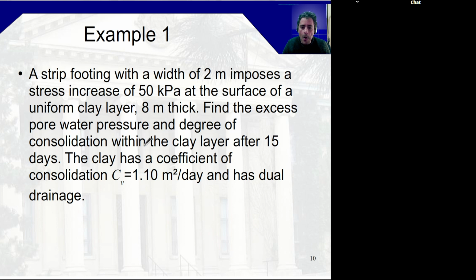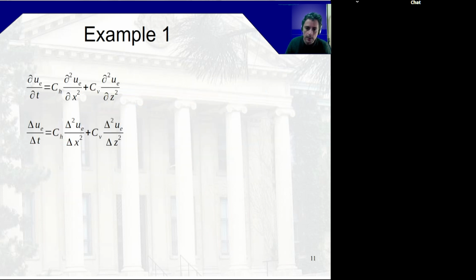Okay. So let's consider the same problem we had before, but this time we take into account 2D consolidation. Now we have to set up our equations looking at the past, but considering both directions. In the past, we had to worry about R in one direction only.